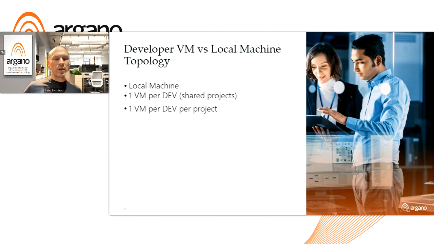And then there are different thoughts on how one could actually go about developing against the UDE. The first and foremost one is the local machine, just using your local laptop, desktop, whatever it is right in front of you, and having Visual Studio installed directly there and connecting directly from that machine.